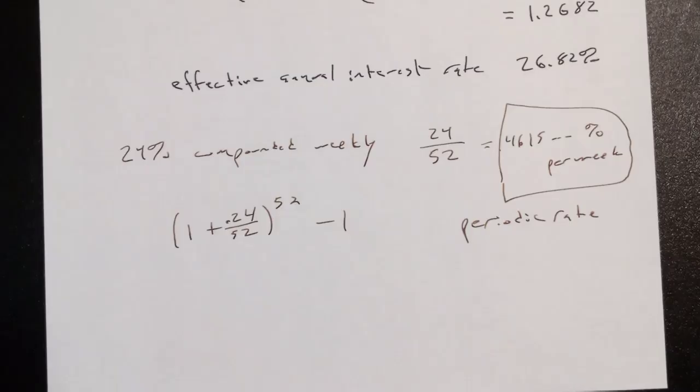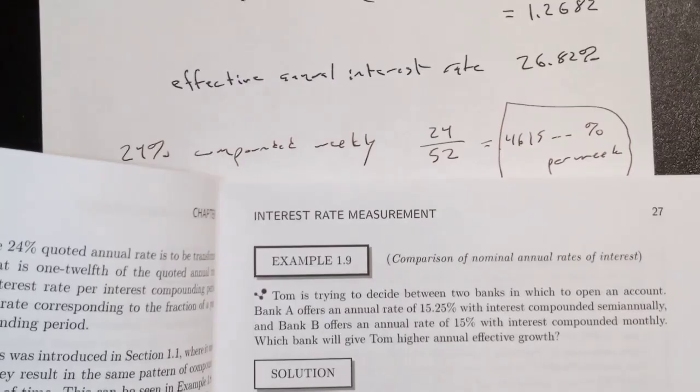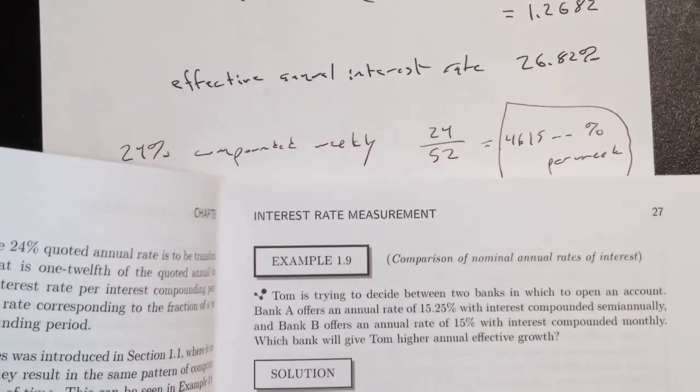So they can't get away with hiding it anymore. But what this means is it's actually most useful to you to do comparisons based on equivalent rates on APR rather than on nominal rates. Here's an example, top of page 27. Let's just read it through. We don't even have to do the math.